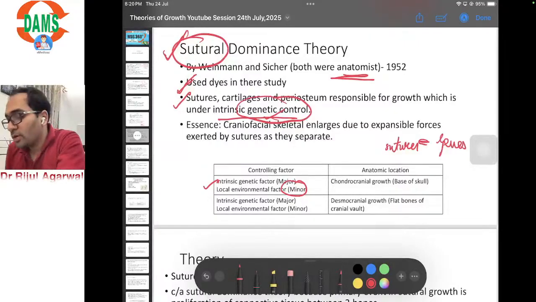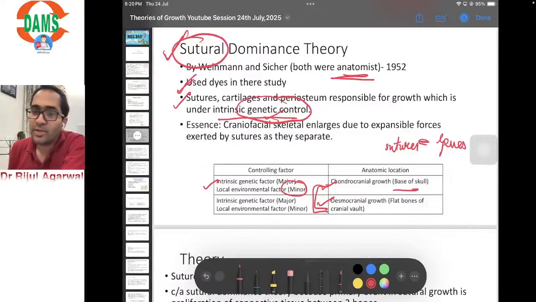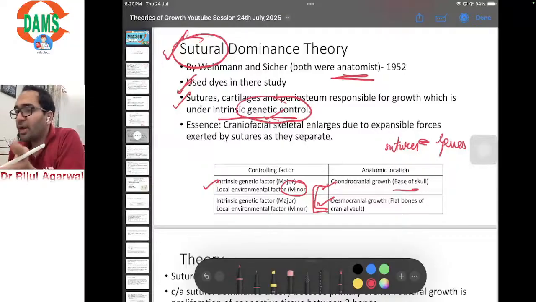Okay, so technically there are two major regions in the craniofacial region. The first is the base of the skull, and the rest are the flat bones of the cranial bone. Just remember chondrocranial and desmocranial region. So chondrocranial is the base of the skull. Remember endochondral growth, intramembranous growth, and desmocranial, that is the cranial wall.